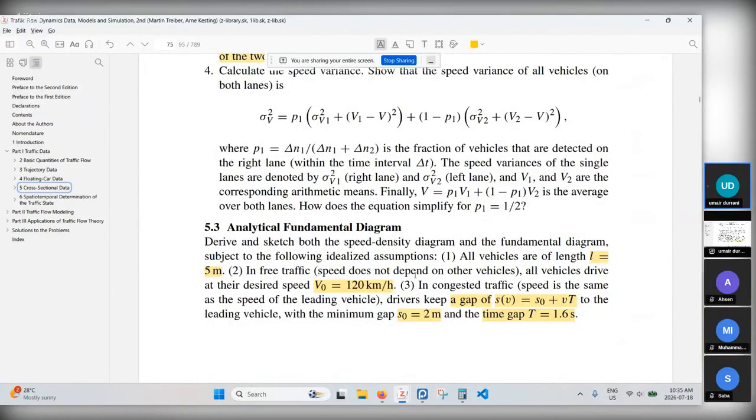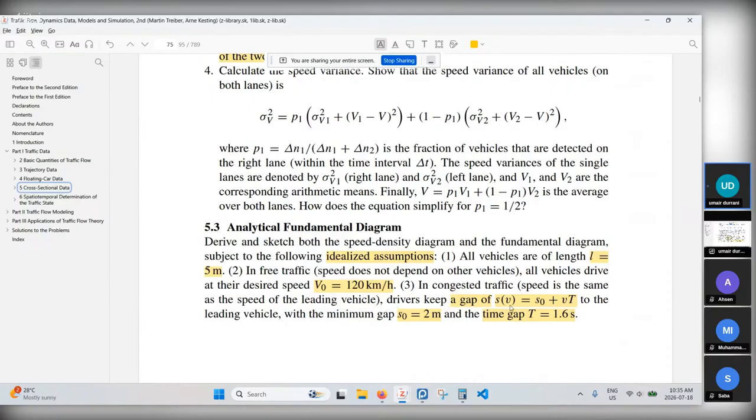given the data here. So here we have some assumptions. Assumptions are all vehicles are of length 5 meters. In free traffic, speed does not depend on other vehicles. All vehicles drive at their desired speed. Desired speed is given to us: 120 kilometers per hour. In congested traffic, speed is the same as the speed of the leading vehicle.